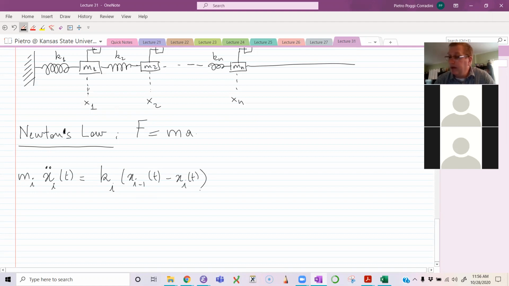Okay, so k_i is the spring that comes before the mass m_i, and this is minus the displacement here, plus k_{i+1} x_{i+1}. This is the regular displacement.